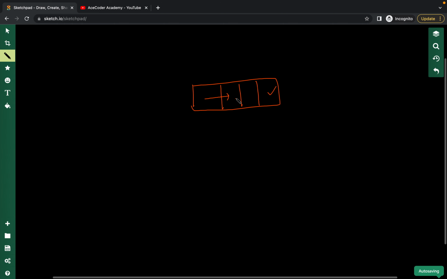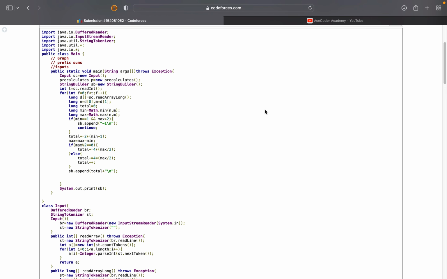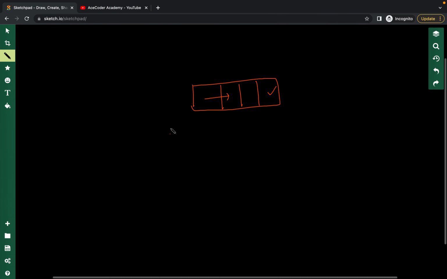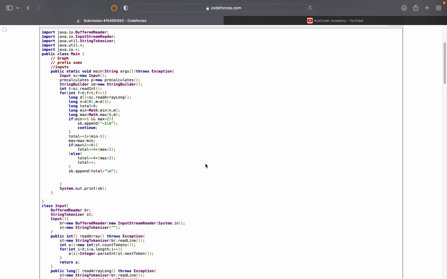So I do not have any other cells where I can move, because if I move here, the condition of moving to the consecutive cells in the same direction will be violated. So this is not possible, and that is the reason I just took here that if a minimum is equal to 1 and maximum is greater than 2. So maximum can be of this form also. So I can move here, but I have to reach here. So this is also not possible. So this is what it is signifying.